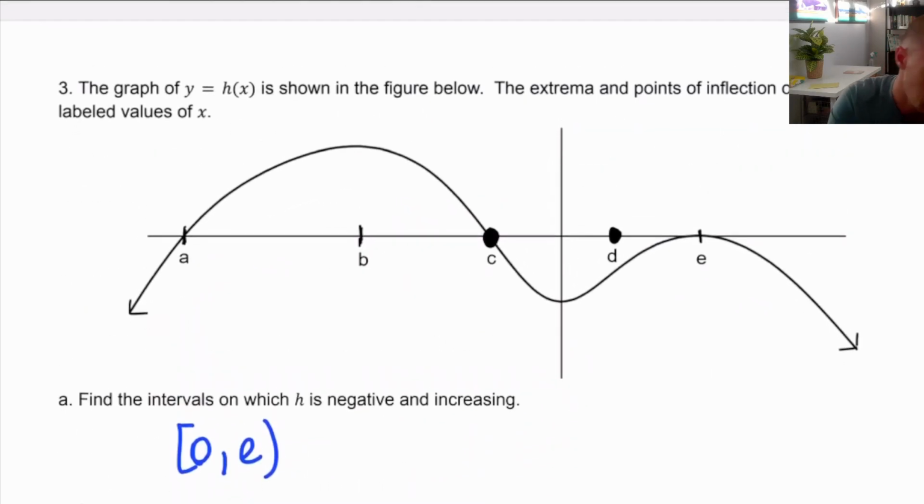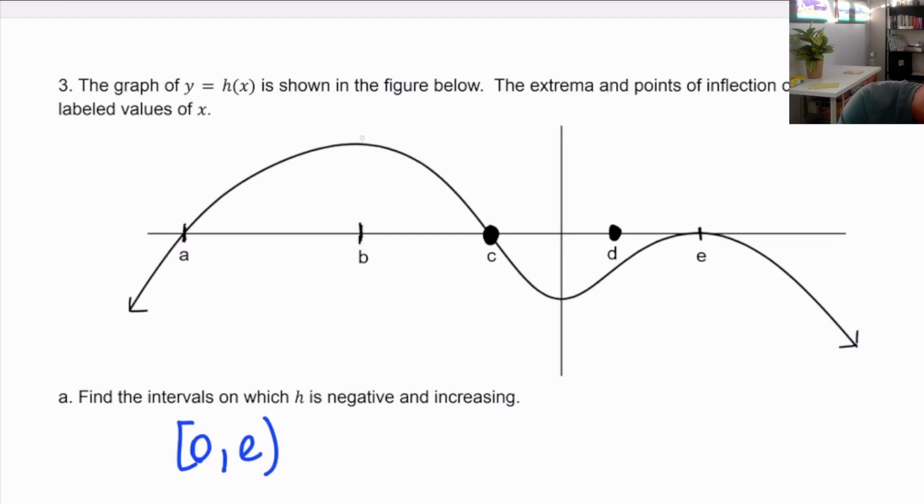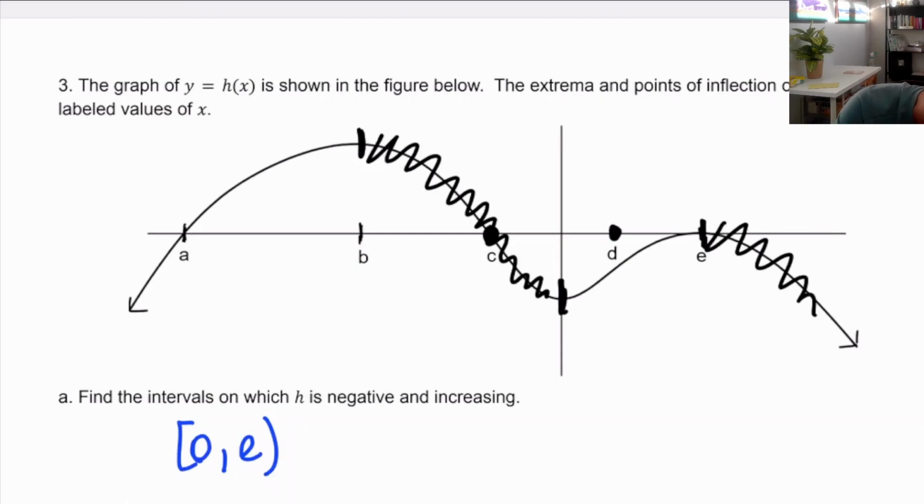So the function is decreasing from here to there, and then after e, so that'll be through here and there. So that's going to be from b to 0, and then e to infinity.